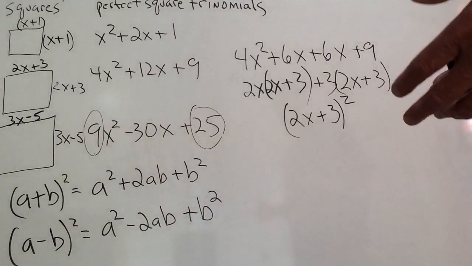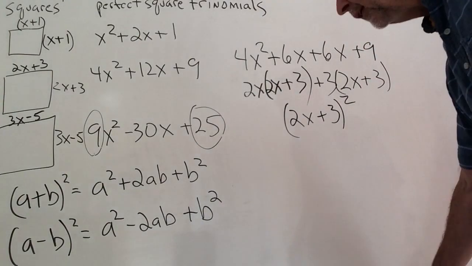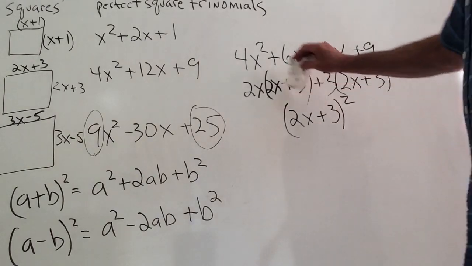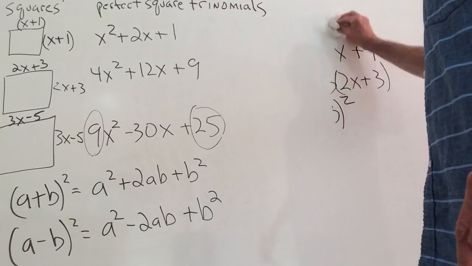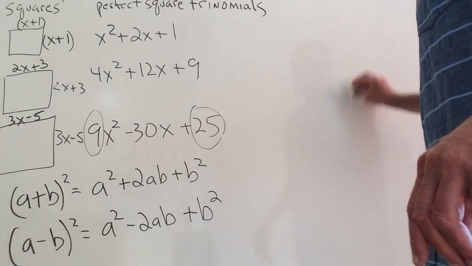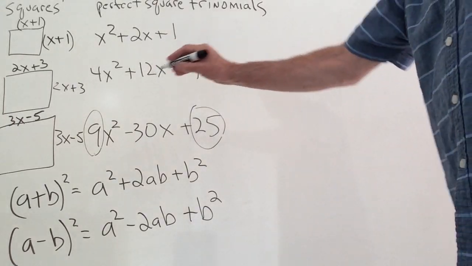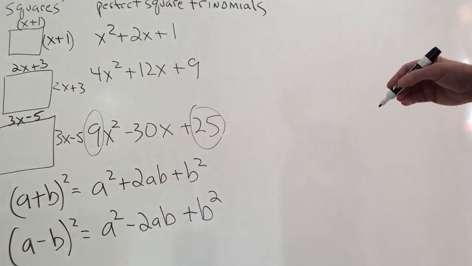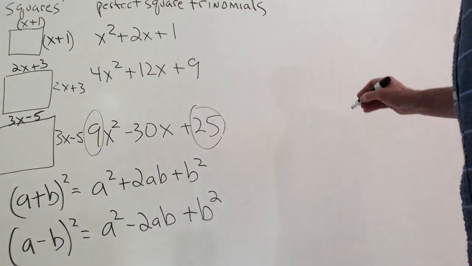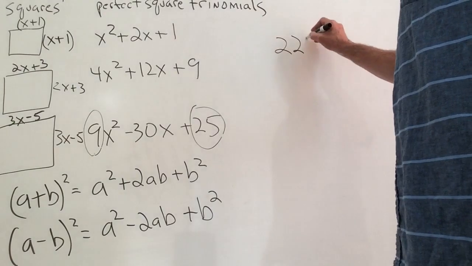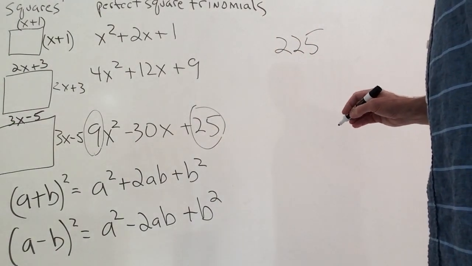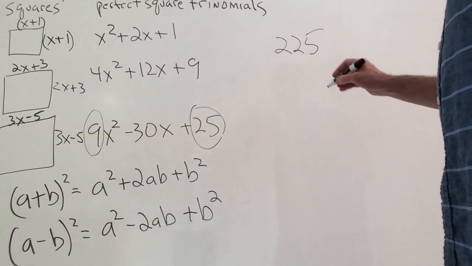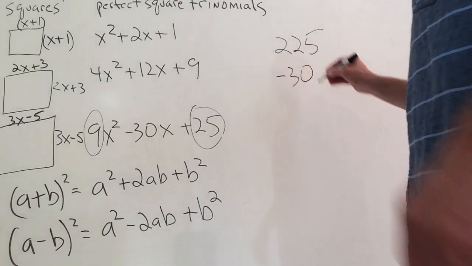But here in this last case, this third square that we talked about, it gets a little trickier because if I follow the method that you've been taught, 9 times 25 is 225. And so you'd be looking at something like this. What two numbers multiply out to 225, and at the same time add up to negative 30?